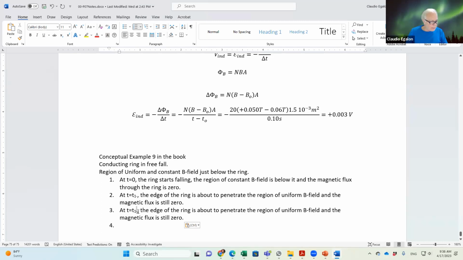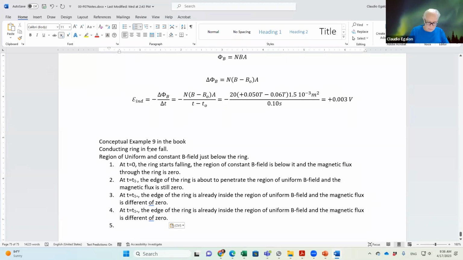At t equal to t1 plus, the edge of the ring is already inside the region of uniform magnetic field, and the magnetic flux is different from 0.